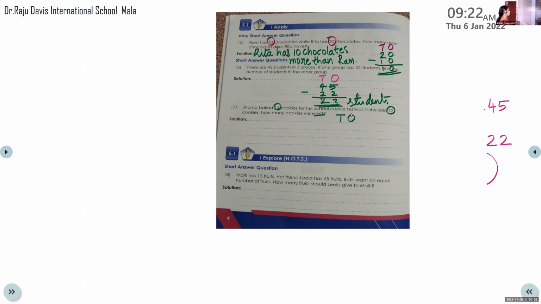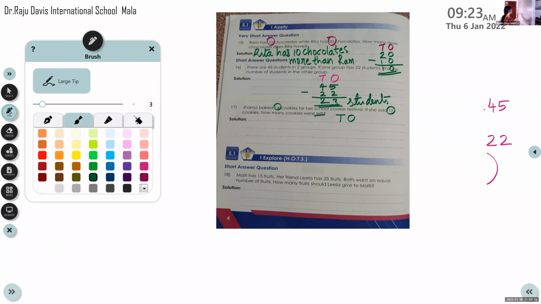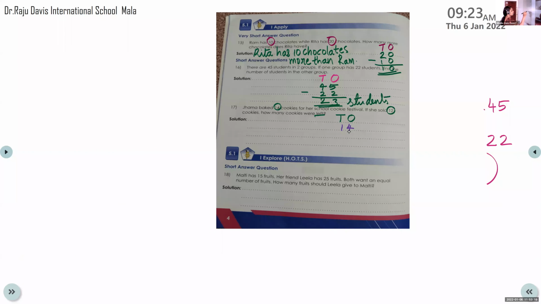So we can subtract 12 from 14. So we will get the remaining number of cookies. Here we have 14 and 12, both are 2-digit numbers. So we can write the numbers one below the other. And the bigger number here is 14, and the smaller number is 12.